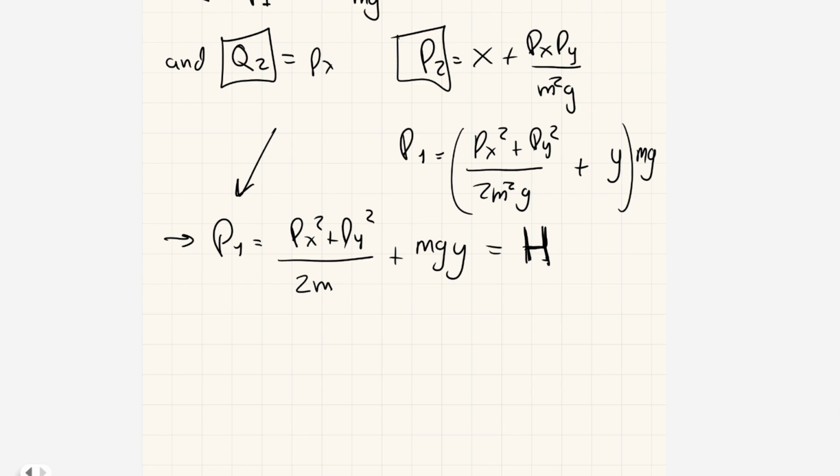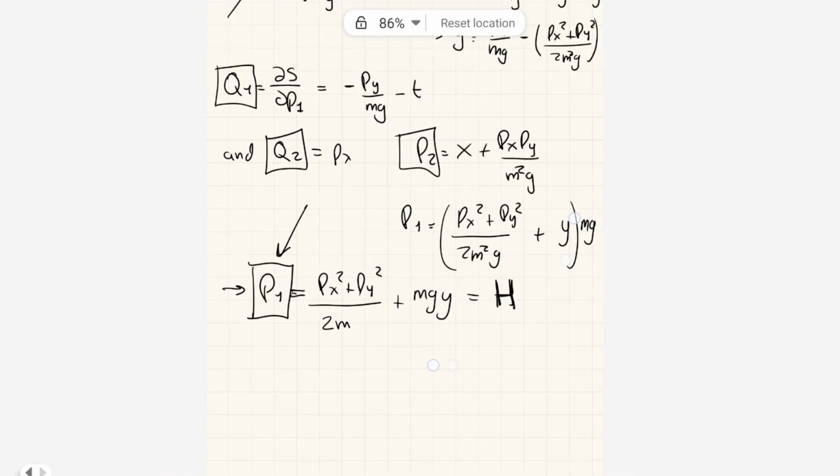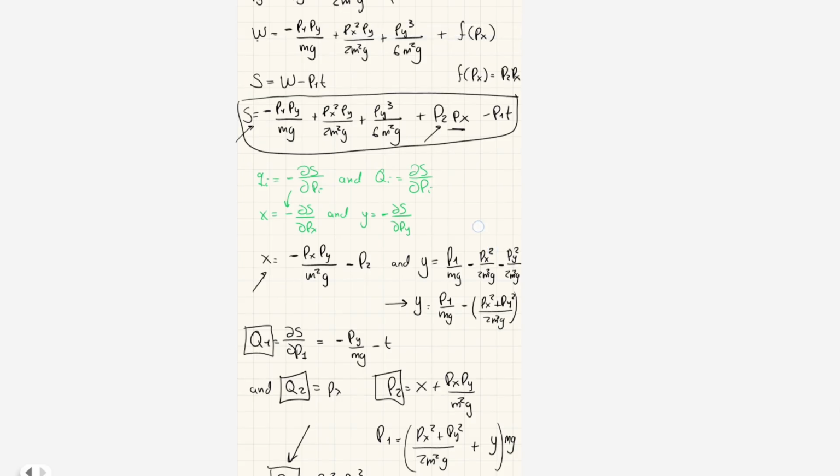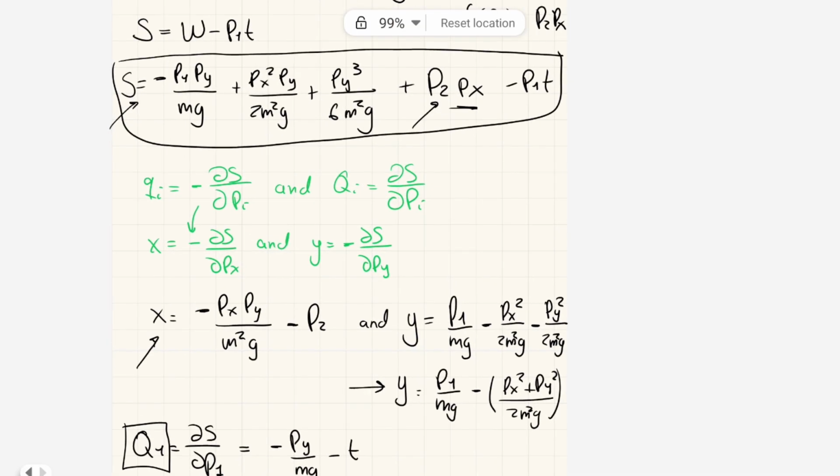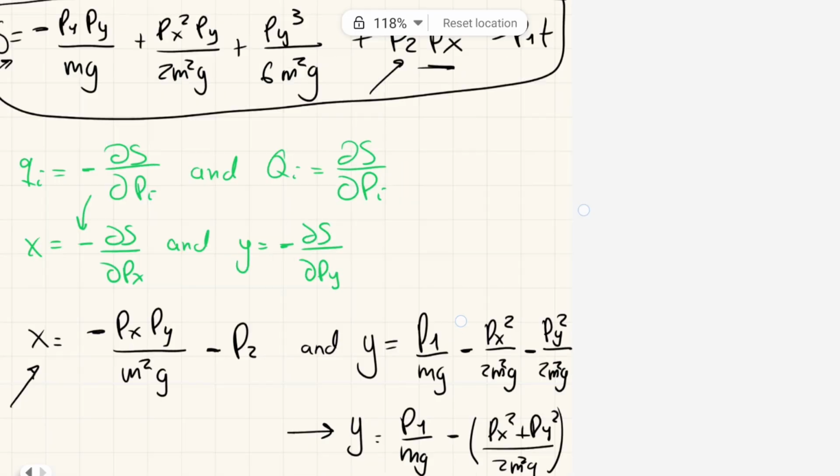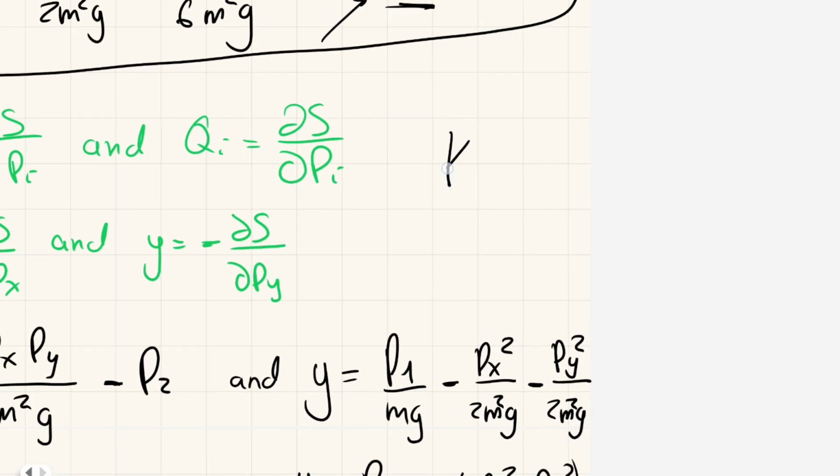Again, recall that all these upper variables are constants of motion because we are working with a generating function of a canonical transformation that is related to a new Hamiltonian, K, that we know is equal to 0.